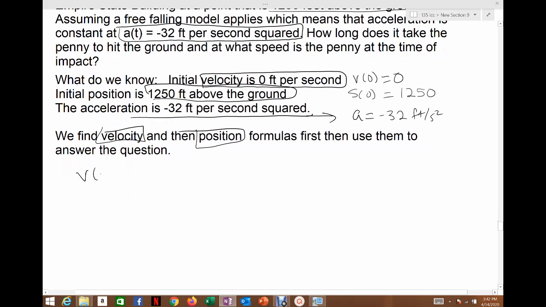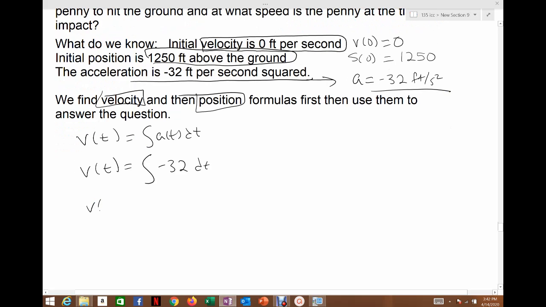Alright, so velocity first. Velocity is the antiderivative of acceleration. So our velocity in this case is the antiderivative of the constant acceleration due to gravity, which is negative 32. So my velocity is negative 32 times time plus some constant. But my constant is 0, right?